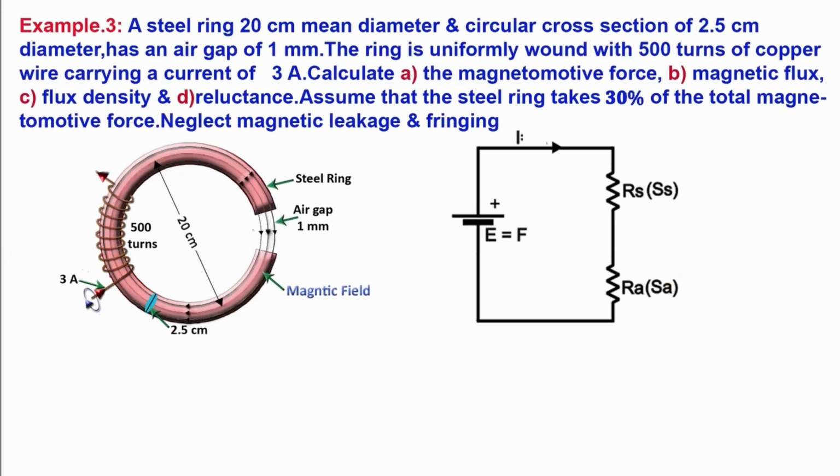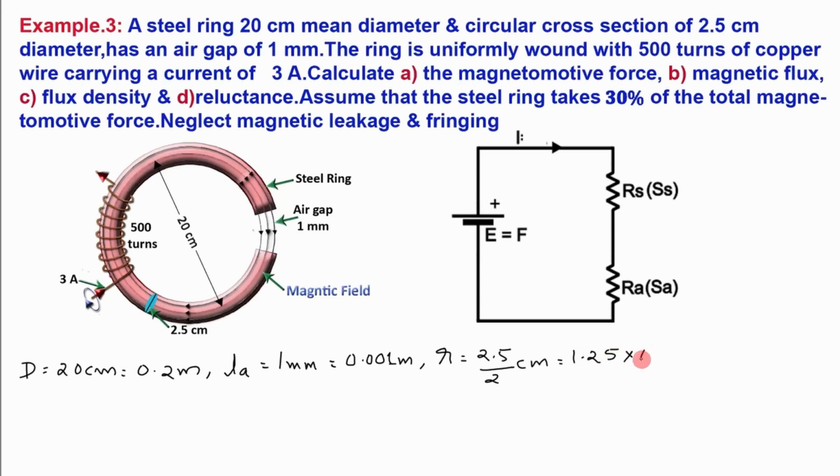The mean diameter of the ring D is equal to 20 centimeter, that is 0.2 meter. Length of this air gap LA is equal to 1 mm, that is 0.001 meter, and the radius of the core R is equal to 2.5 divided by 2 centimeter, which is 1.25 into 10 raised to minus 2 meter.